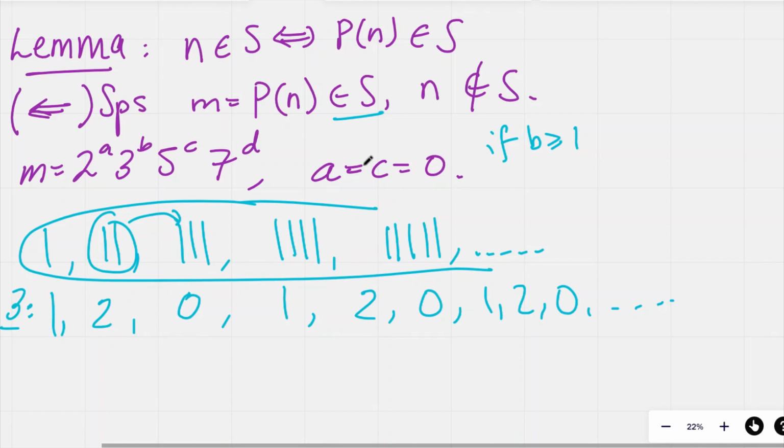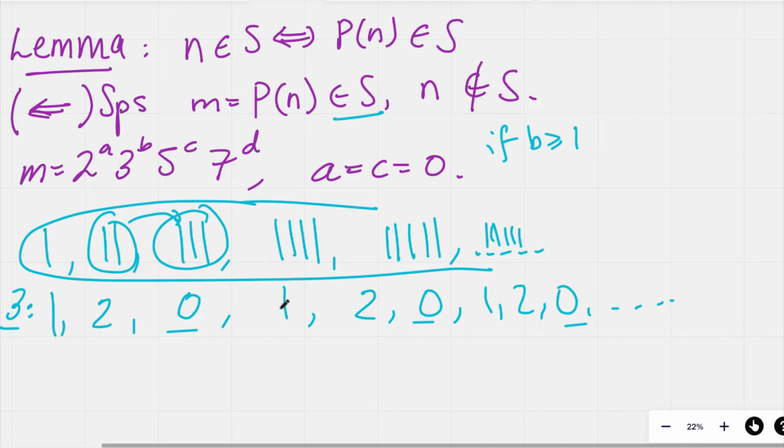And therefore we can see that the only zeros occur at every third position. And so m would have to be either 111, 111,111, or the number with 9 ones in, or the number with 12 ones in, and so on.